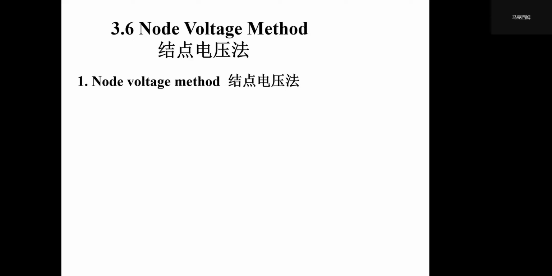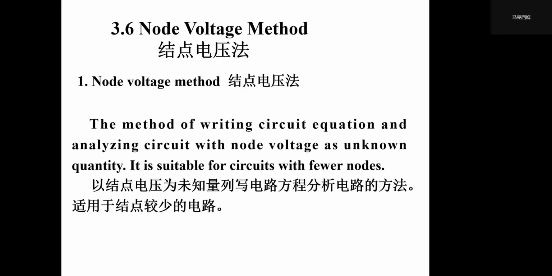This is the node voltage method we have not learned from last week's study. Obviously, our method is named after the main variables we take as unknown variables for this method. So we take the node voltage to be the unknown variable to list the equations. This method is suitable for circuits without many nodes.